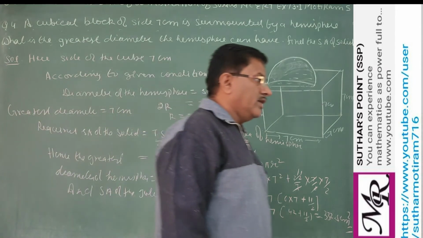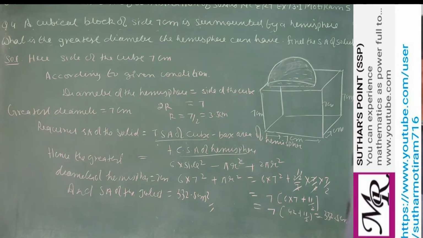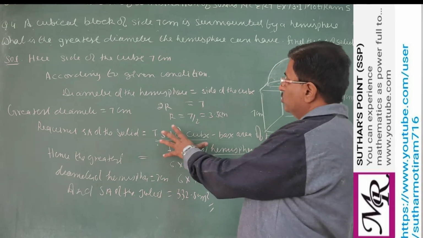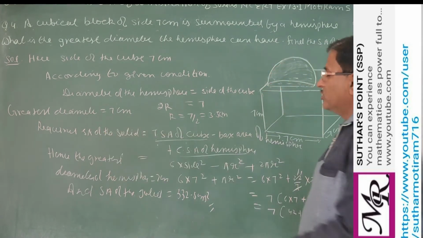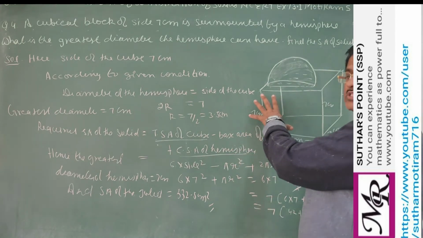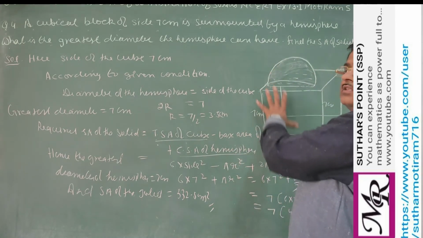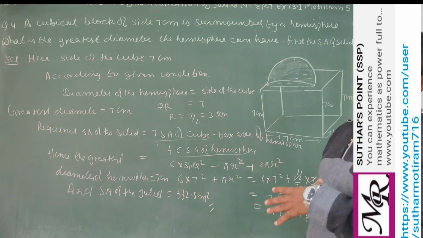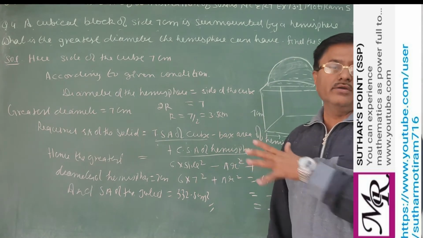So dear student, in this way one can find it easily, but it is very important how we use the formula, and also which surface we are taking that is common. That area should be subtracted, then you get the required area.